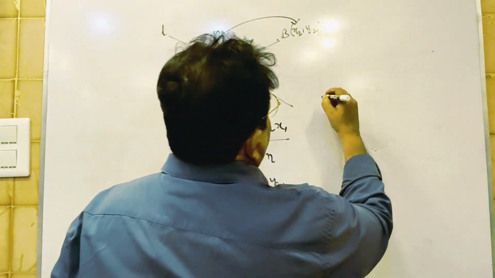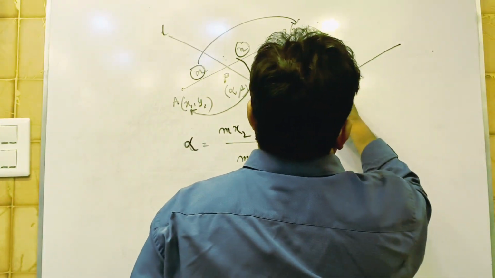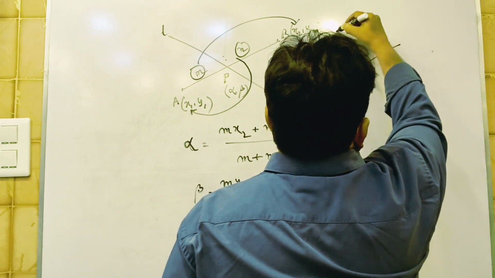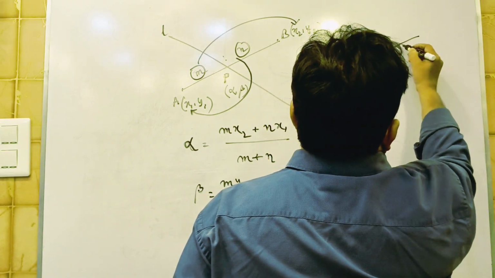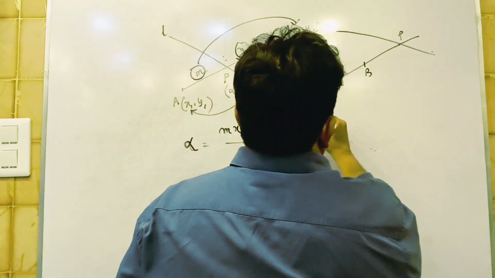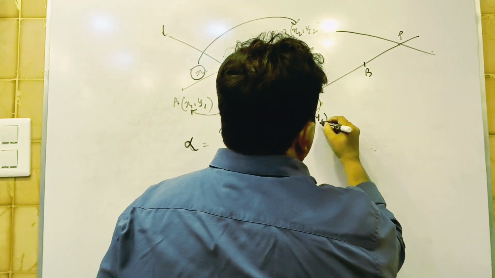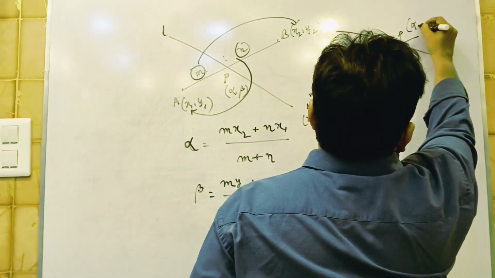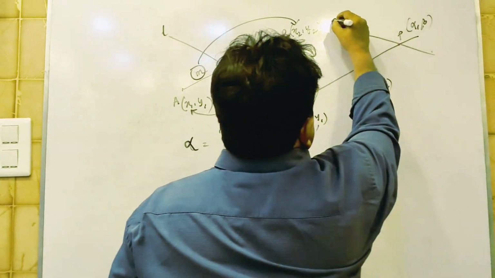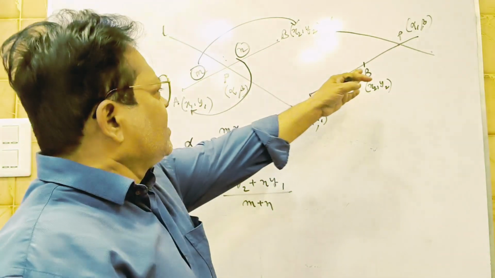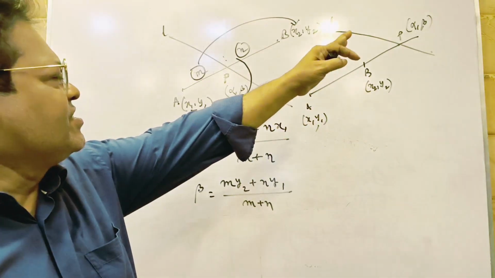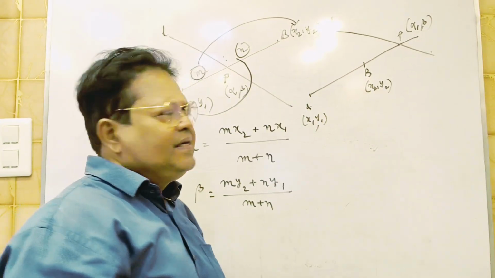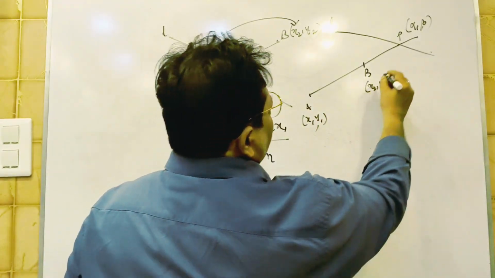When it cuts externally, suppose this is A, this is B, and the line cuts here at the point P. So it is x1, y1, it is x2, y2, and it is alpha beta. This is the line L. It cuts the line AB externally. That is, when AB is extended, it cuts at the point P. Then what will be the coordinates of alpha beta?